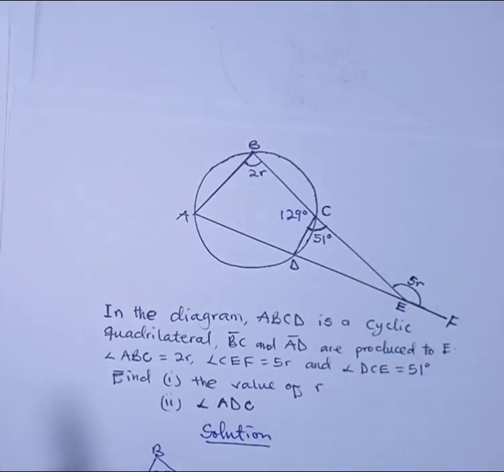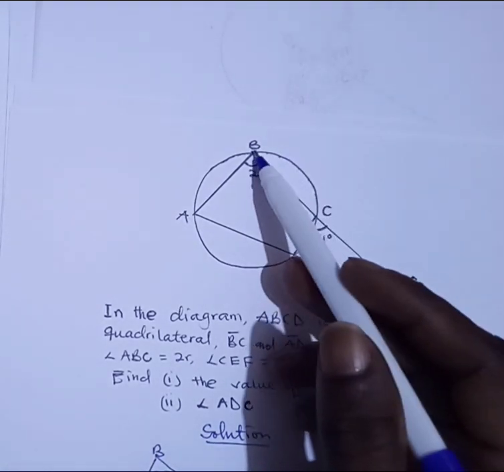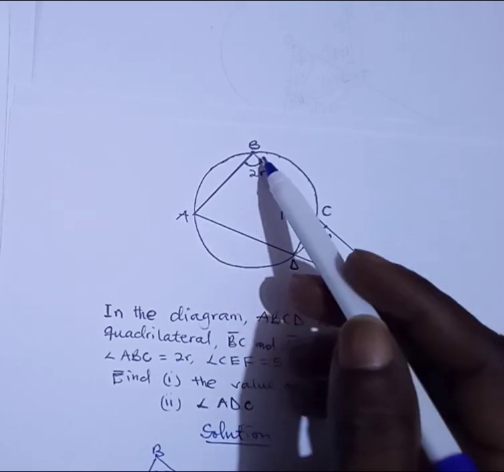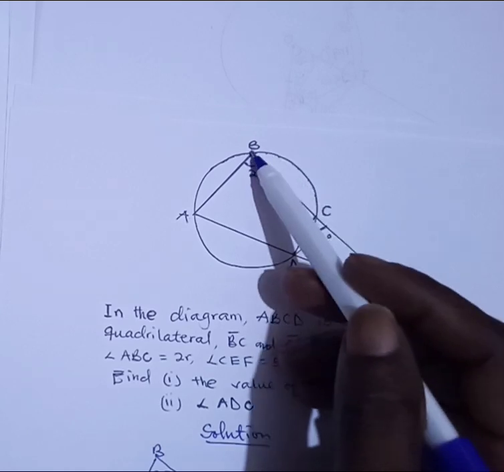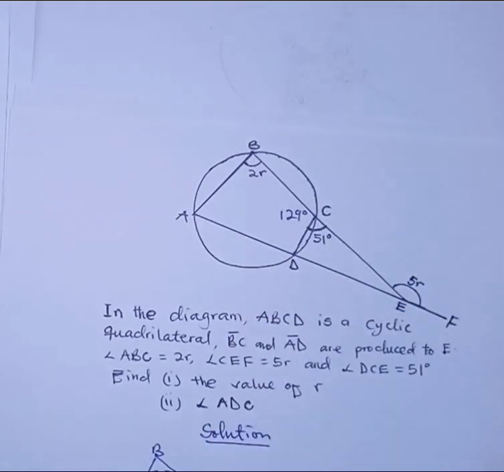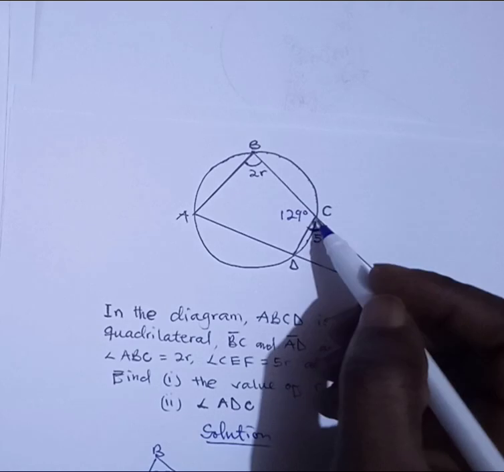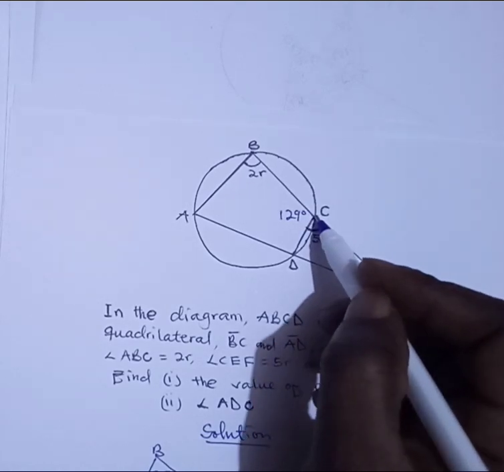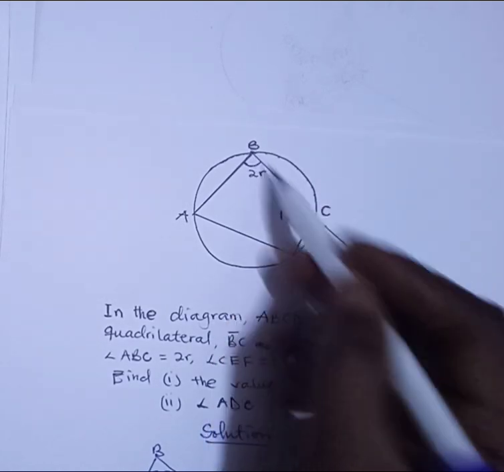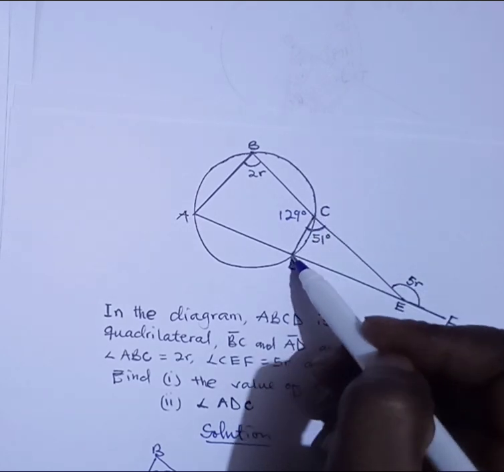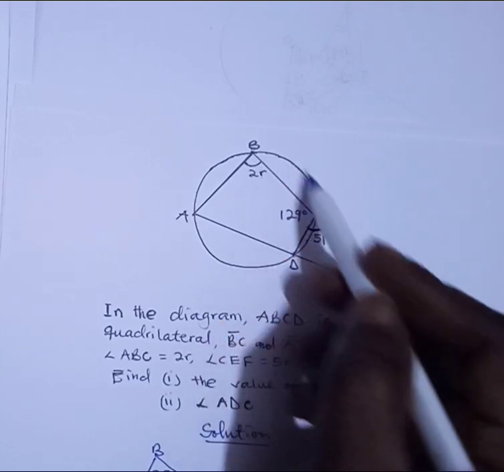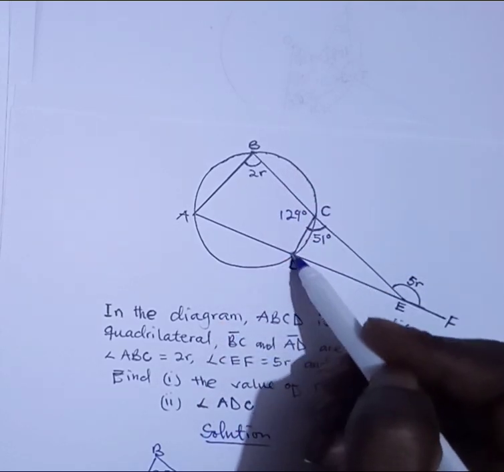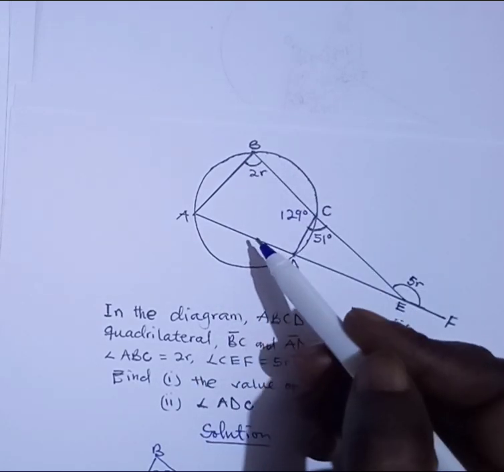Whenever you have a quadrilateral drawn in a circle, all the vertices touch a point on the circumference of the circle. Then that is what we call a cyclic quadrilateral.